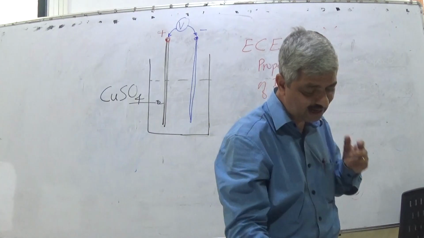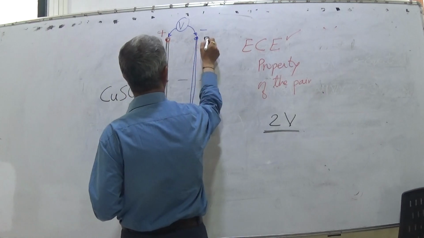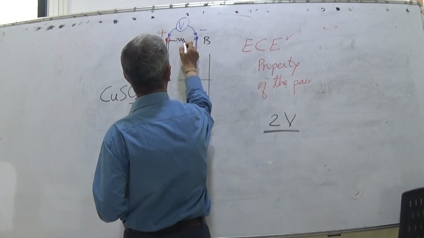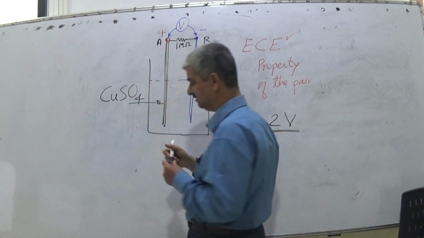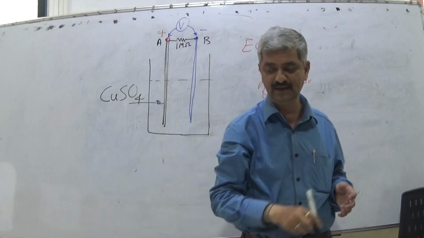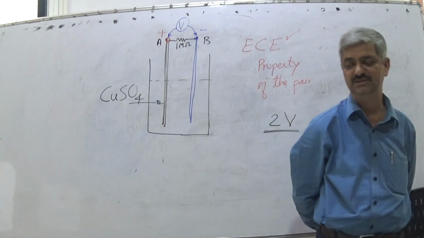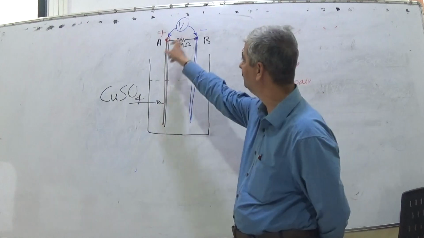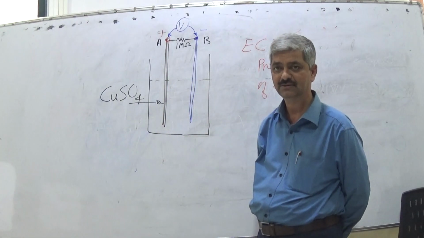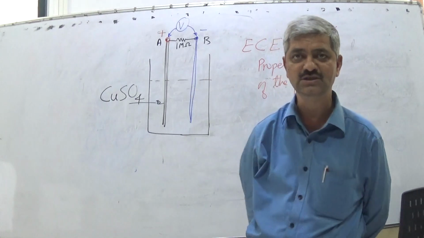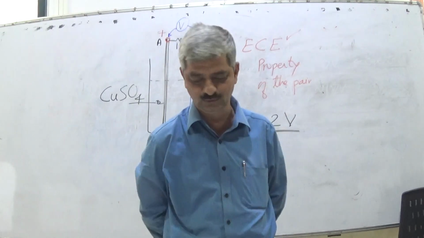Now what I do, if this is point A and this is point B, and I connect a 1 mega ohm resistor between point A and point B, what will happen? Current will flow. How much current will be flowing? 2 volts upon 1 mega ohm, 2 microamperes. 2 microamperes current will flow.